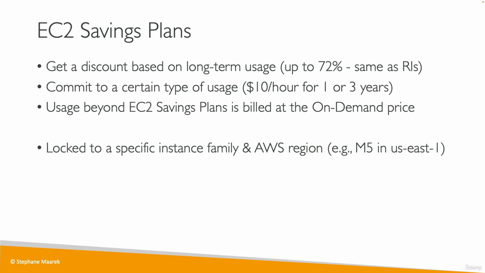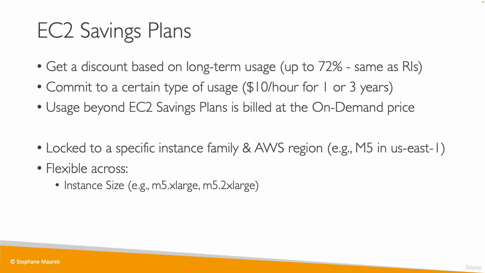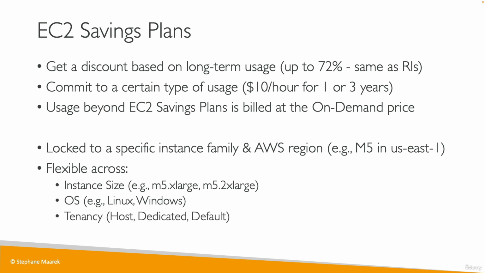So with savings plans, you're locked to a specific instance family and region. For example, you say, I want to have the M5 instance family in US East 1. But you're flexible across the instance size, so you can have M5 xlarge, M5 2xlarge, and so on. The OS, so you can switch between Linux and Windows and so on. And the tenancy, you can switch between host, dedicated, and default.